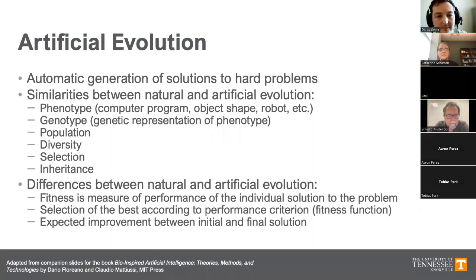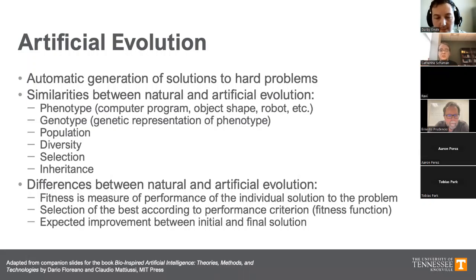Now, some of the key differences between natural and artificial evolution. In artificial evolution, we have a concept of fitness. It's the measure of the performance of an individual within our population. And in artificial evolution, there's a specific problem that we're trying to solve. So we have a specific fitness function that is going to be the driver for what we're actually trying to optimize.